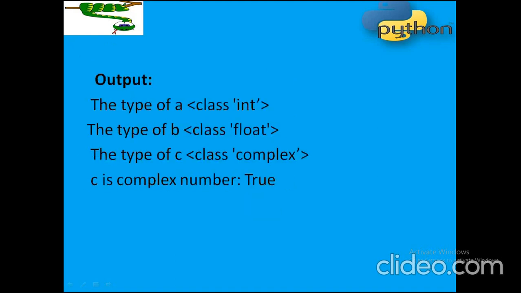For this we have the output like this: the type of variable a is class int, type of b is class float, type of c is class complex, and by using isinstance we identify whether the given number is complex, which gives true or false.